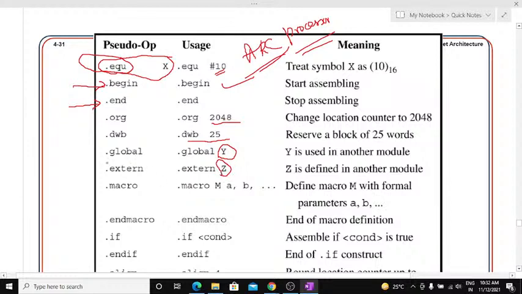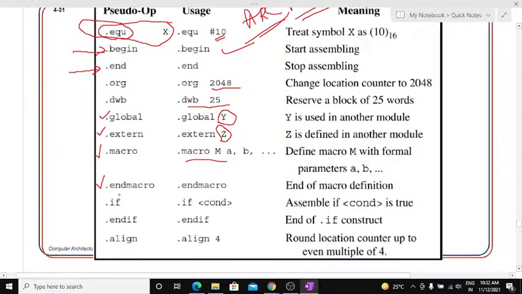We also specify the keywords .macro and .endmacro, which define a macro operation, and .if for a conditional.